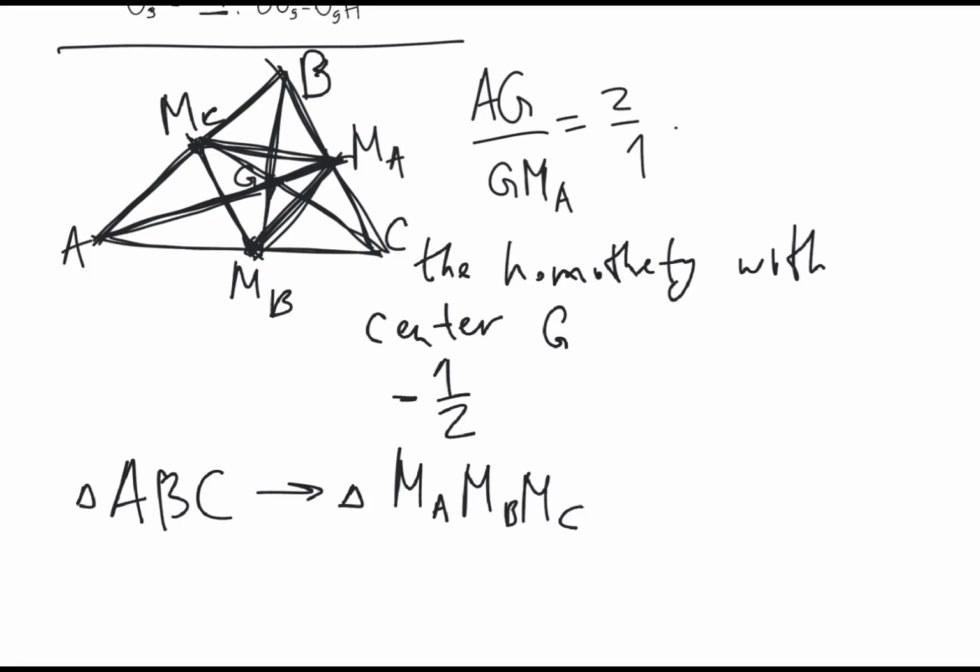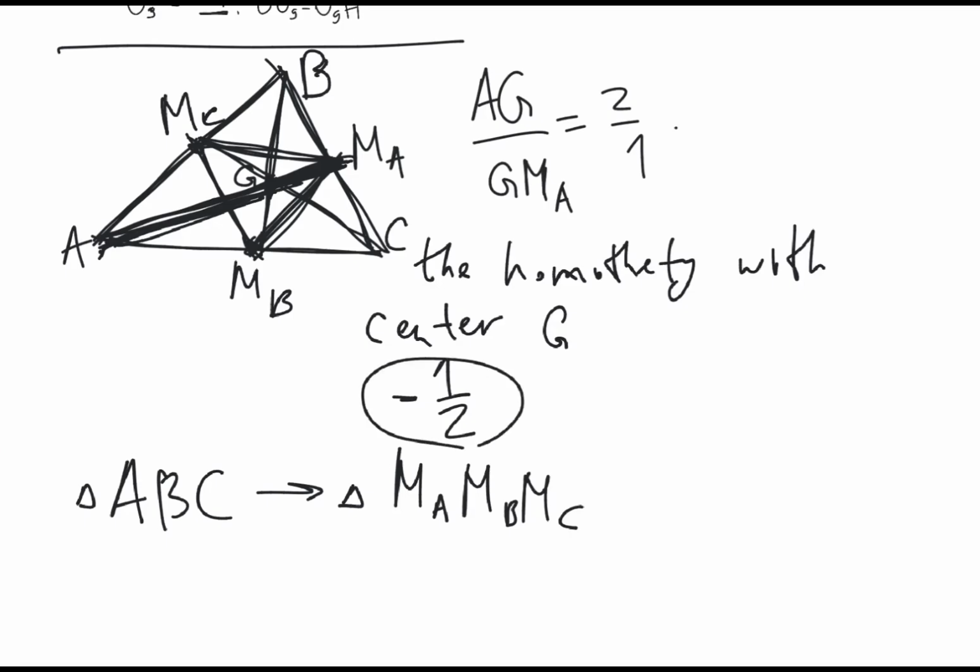So the point A is mapped to the point MA, because the ratio of these segments is 2:1, and so GMA is 1/2 of AG, but they lie on different sides of G, so the coefficient is negative.